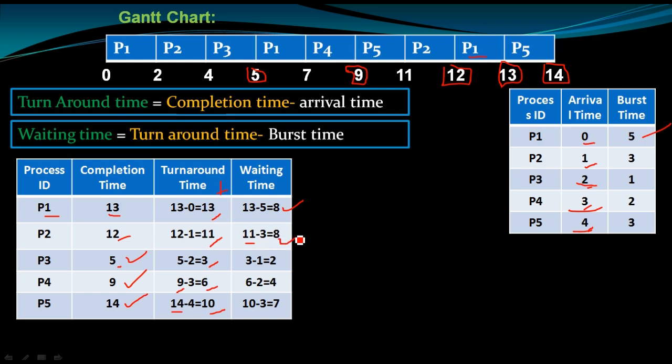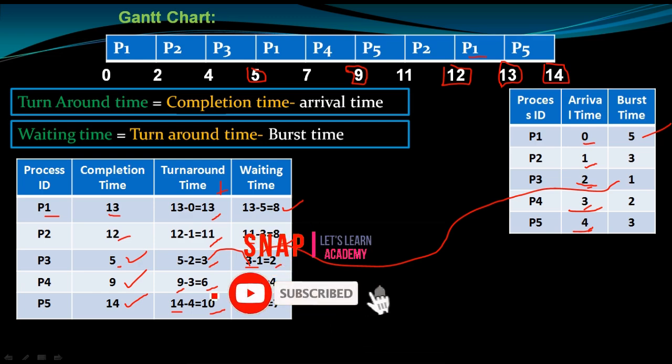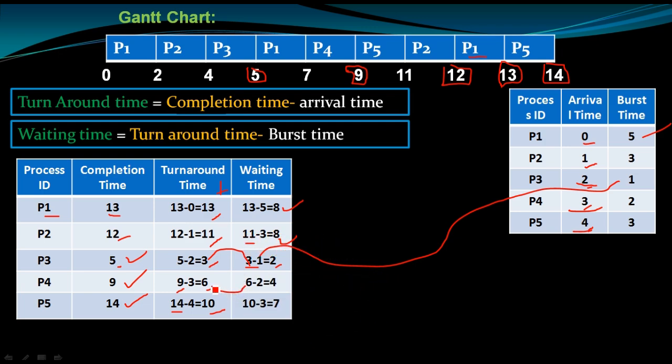Similarly, for P3, 3 is the turnaround time value we have taken from here, and this 1 value we have taken from here. So 2 is the waiting time. Similarly for P4, the turnaround time is 6 and the burst time is 2.